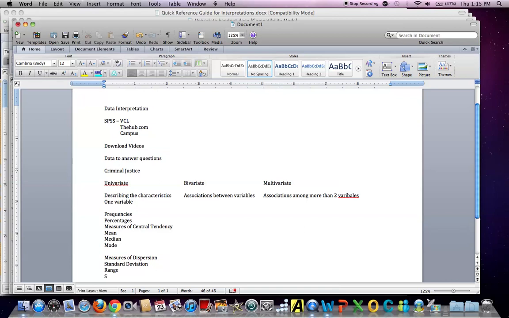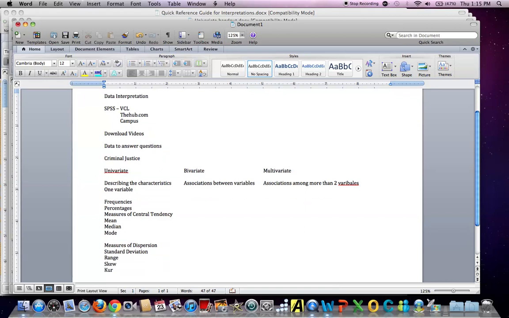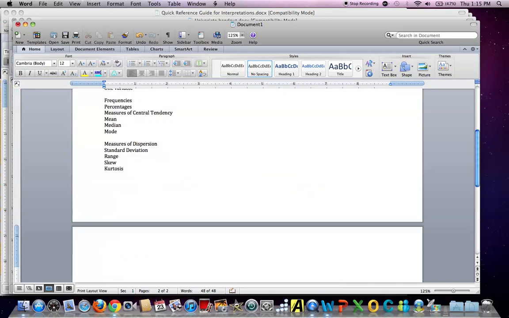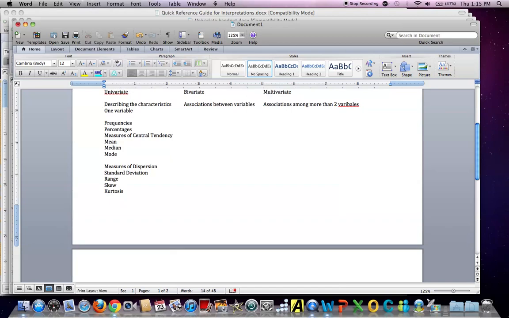I think we'll look at skew and kurtosis, which are measures of dispersion, but they're mostly measures of looking at the distribution of the variable that you're looking at, how the distribution actually looks. All right. So again, under univariate, we'll be focused on the frequencies, percentages, measures of central tendency, which include the mean, the median, and the mode.